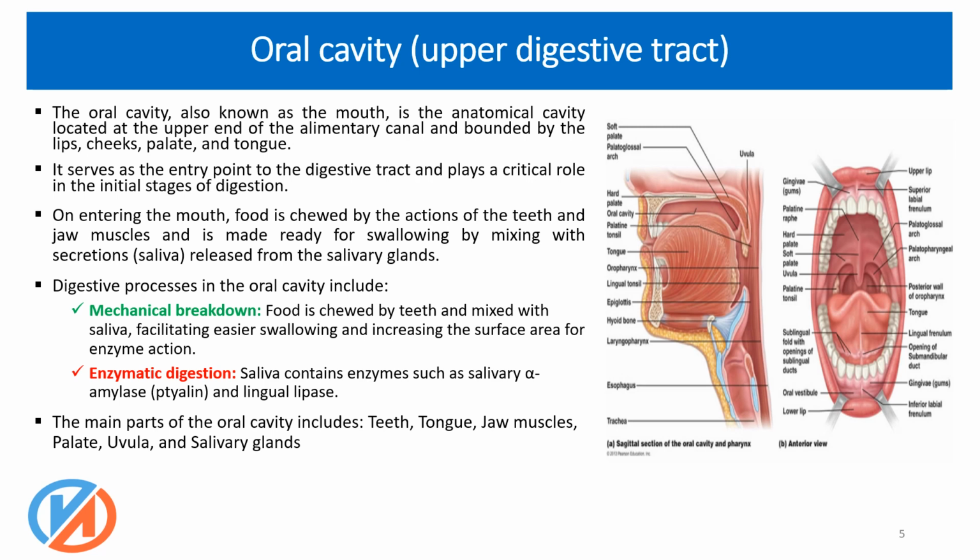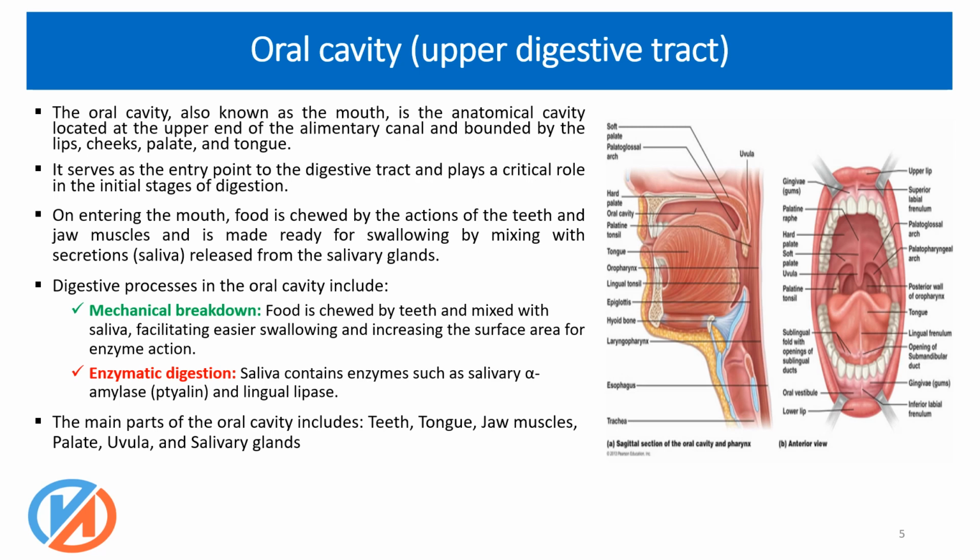The digestive process in the oral cavities includes both mechanical breakdown and enzymatic digestion. The mechanical breakdown is when the food is chewed by the teeth and mixed with saliva, which makes swallowing easier and increases the surface area for enzymatic action.